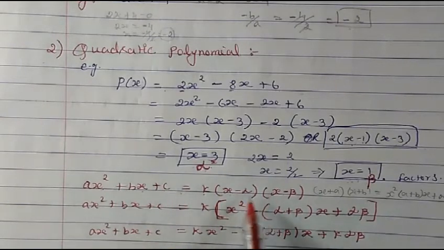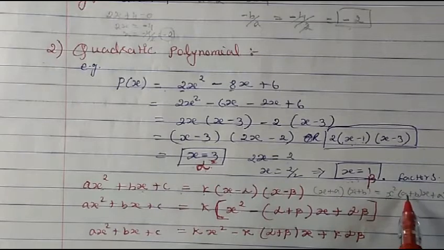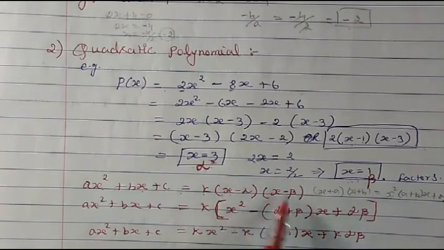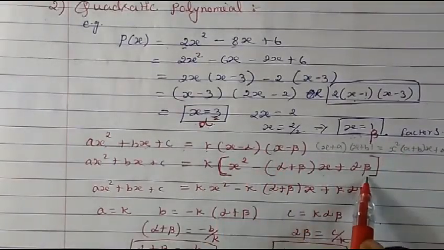This is also in the form of the identity (x plus a)(x plus b), whose expansion form is x square plus (a plus b)x plus ab. Actually we don't need the derivation of this formula, we only need to understand the formula. So now in the expansion form I have written it here, and you get it like this.